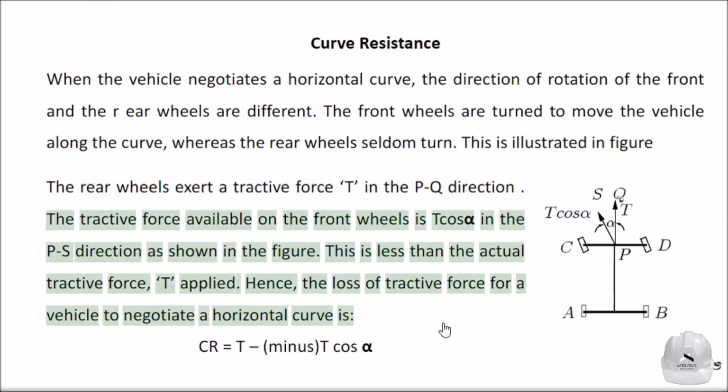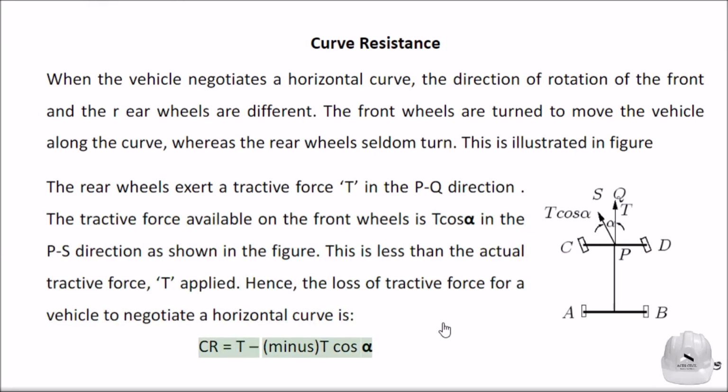The tractive force available on the front wheels is T cos alpha in the pq direction as shown in the figure. This is less than the actual tractive force T applied. Hence, the loss of tractive force for a vehicle to negotiate a horizontal curve is CR equals T minus T cos alpha.